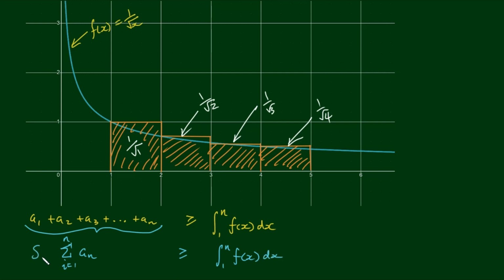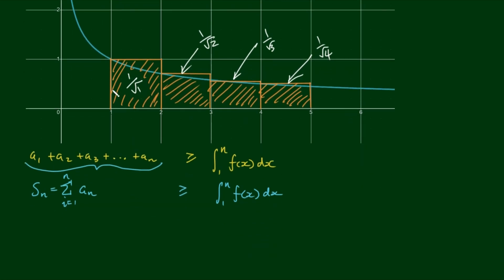Okay, so the partial sum to the nth term is going to be greater than the area under the curve to x equals n. So again, we can apply the limit. So the limit as n goes to infinity of the partial sum is greater than or equal to the limit as n goes to infinity of the integral from 1 to n of the function f of x.